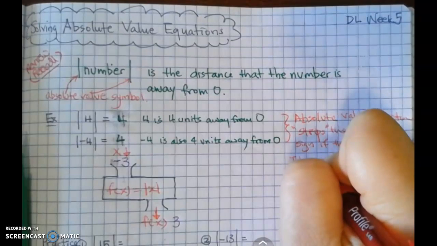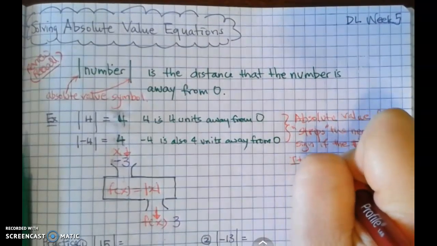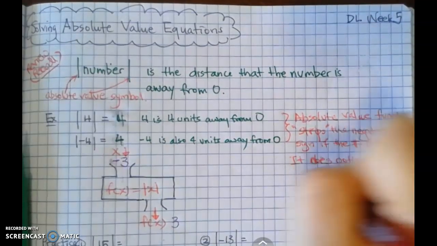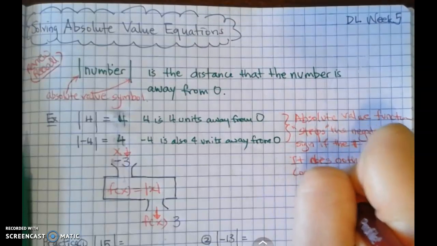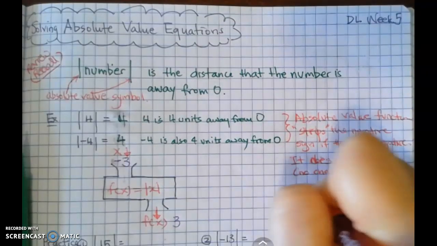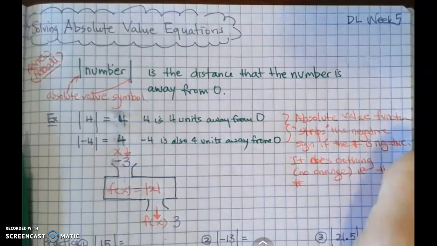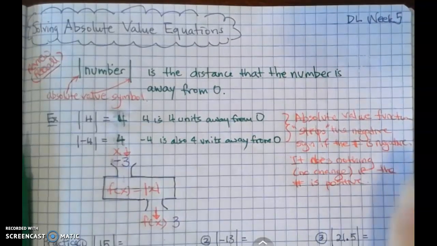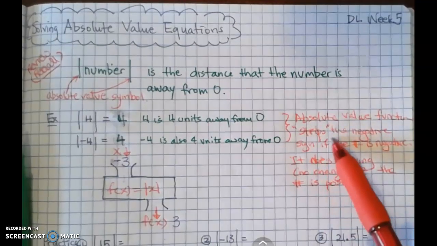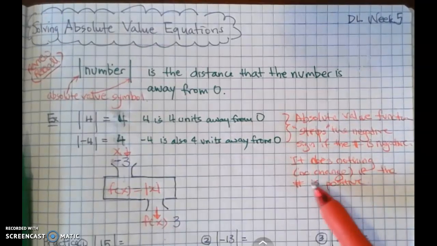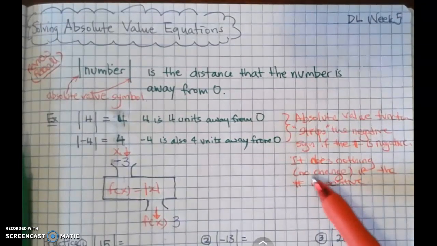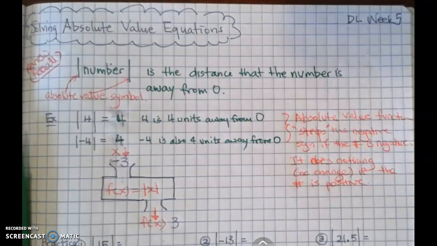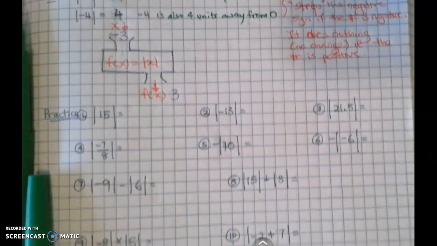It does nothing, or no change, if the number is positive. So if the number is negative, it strips away that negative sign. But if the number is positive, basically it does nothing, or there is no change after you apply the absolute value function.